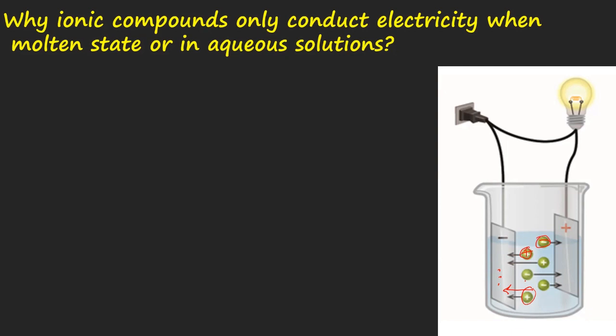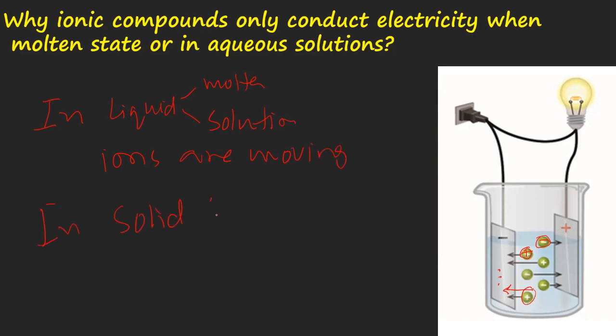All right. So why does an ionic compound conduct electricity in the molten state? In the liquid state, which is molten, like melted, or in solution in water, ions are moving. All right. Ions are moving so they can conduct electricity. In the solid state, ions are at a fixed position and cannot move.